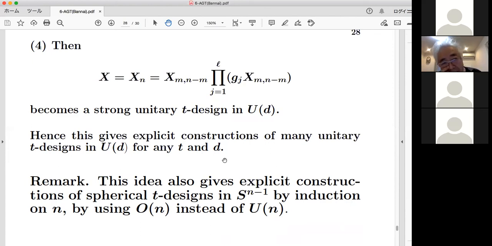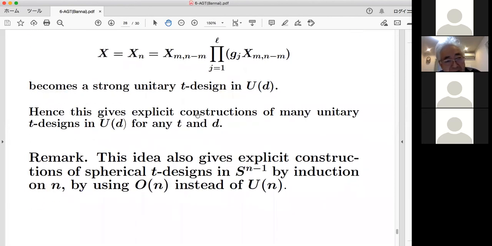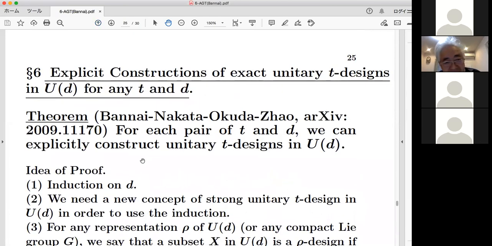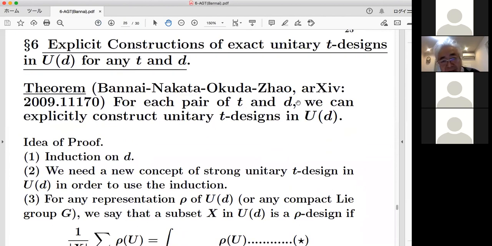And I mentioned at the beginning, we had a construction of unitary 4-designs in U(4). In that case, we had some invariant polynomial, and we considered zeros and took orbits. And the situation here is a kind of extension of that method. So we got the following theorem: for each pair of t and d, we can explicitly construct unitary t-designs in U(d).